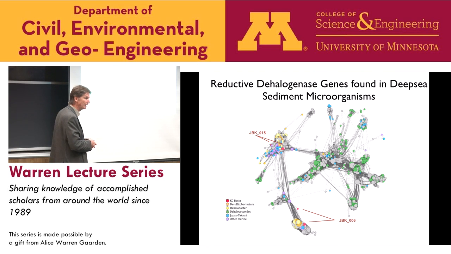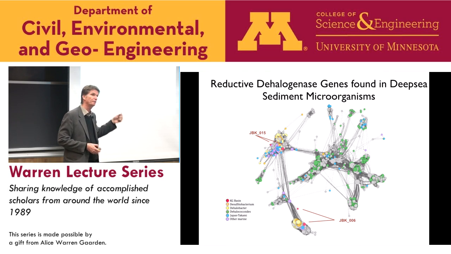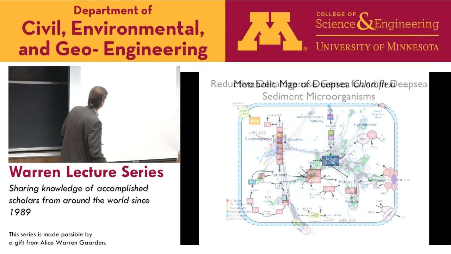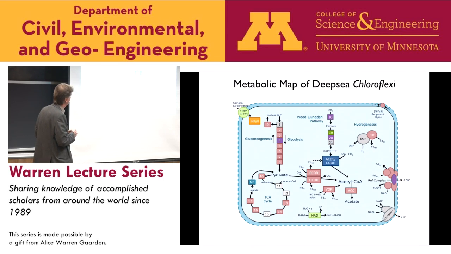We have never found an energy conserving reductive dehalogenase associated with any of these cells. So in other words, the business plan of these terrestrial Dehalococcoides before they became dechlorinators must have been a different one.